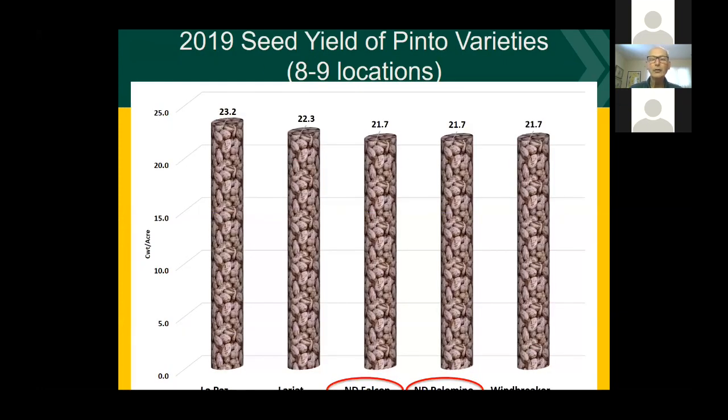Here is a comparison between some of the varieties that were released by NDSU recently, that is ND Falcon and ND Palomino, compared to some of the varieties that have been on the market a little bit longer. So the yields are right in that 21 hundredweight region in this slide.